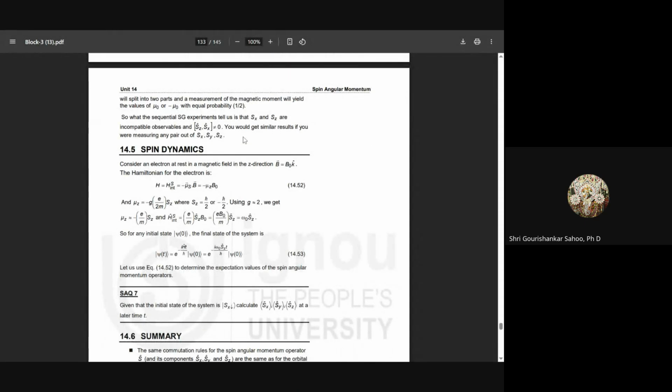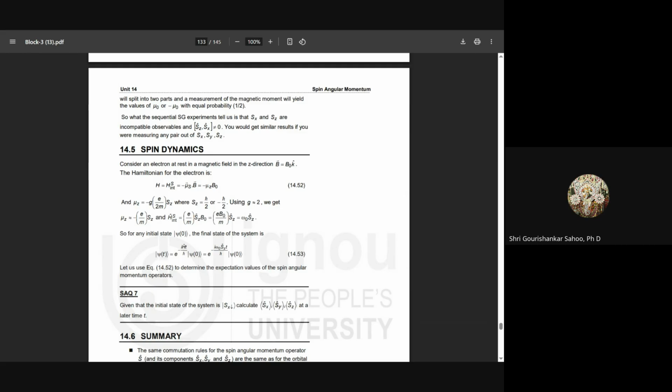So an electron at rest in a magnetic field in the z direction, B vector, can be written as B0 k cap, and the Hamiltonian for the electron is H_int superscript S, which is equal to minus mu S vector dot B vector, equal to minus mu Z times B0. So mu Z is equal to minus g e by twice m Sz, where Sz is equal to h cross by 2 or minus h cross by 2.